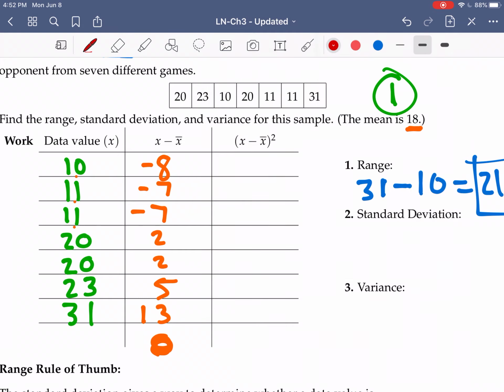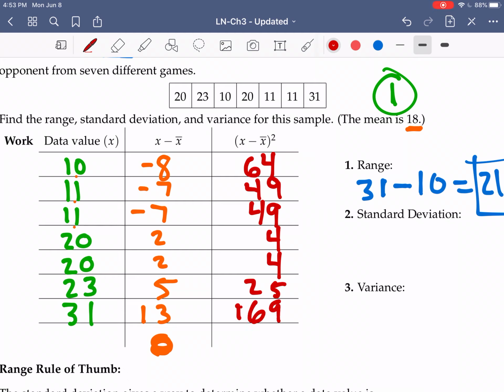Next, we are going to square each of those differences. So that negative 8, I'm going to square it. When you square a negative 8, it becomes positive 64. And we have positive 49 when you square the negative 7s. 2 squared is 4. 5 squared is 25. 13 squared is 169.